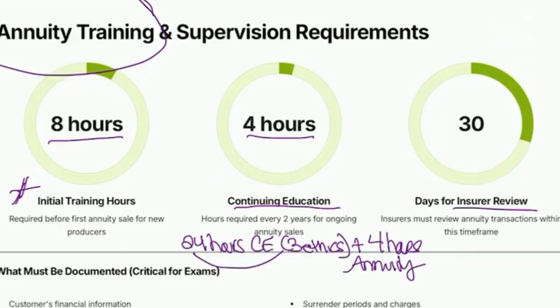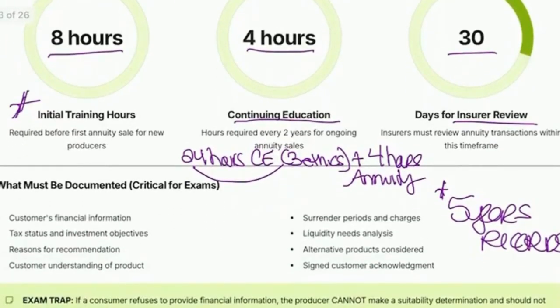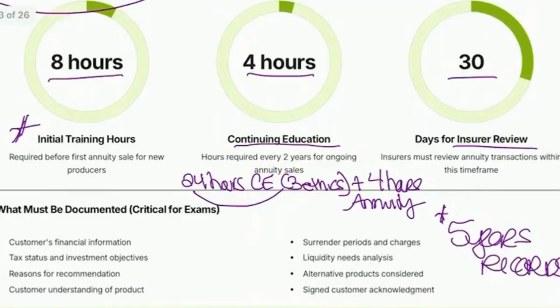What must be documented when you are doing annuity transactions and recommendations? Their financial information, their tax status and investment objectives, reasons for recommendation. Why are you recommending this product? And the customer's understanding of the product. How is that documented?